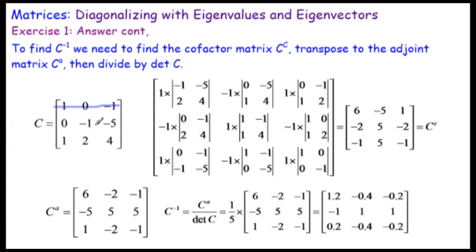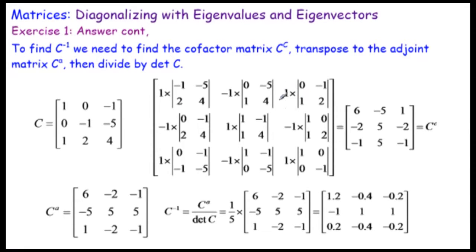So that element in the matrix C of the eigenvectors is replaced in the cofactor matrix by the cofactor itself, which is actually a determinant. But it has a negative sign because in determinants they alternate in sign. As I said, it gets a bit confusing.